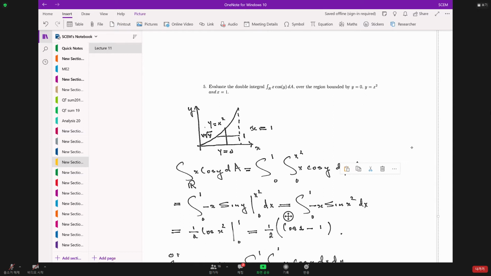You can treat this as a type 2 or type 1 region, but here we are going to treat it as a type 1 region. So in other words, we are going to integrate over dA: x changes from 0 to 1, but your y changes from 0 to x squared.